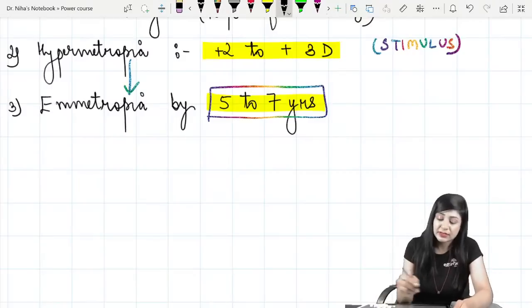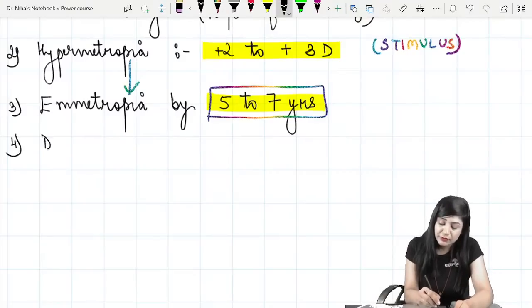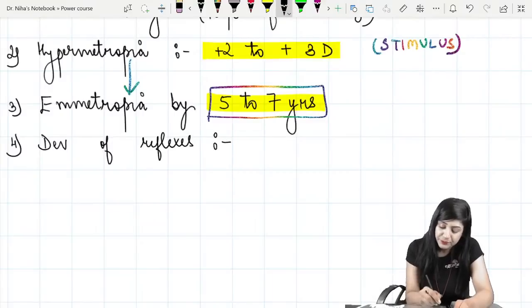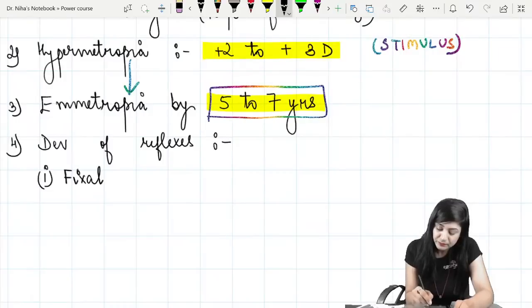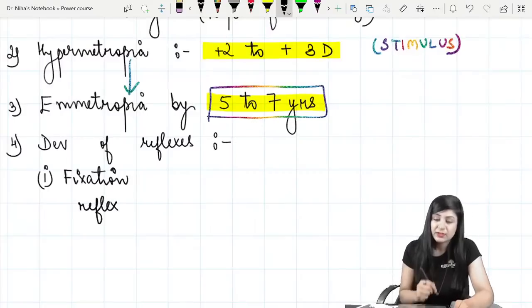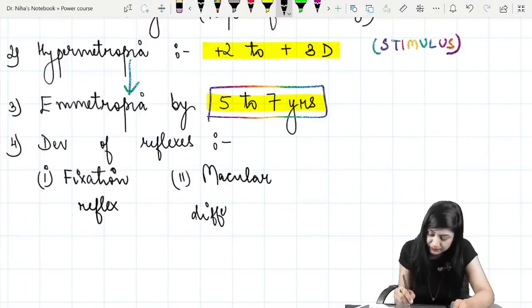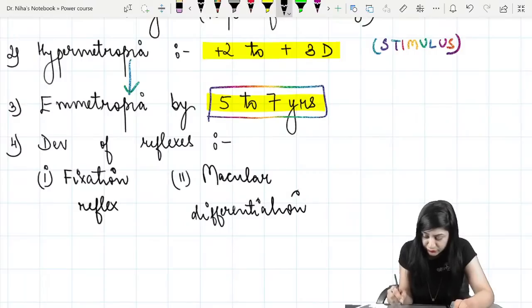If I talk about the development, the development of the reflexes, we have got, one, the fixation reflex. Number 2 is the macular differentiation.